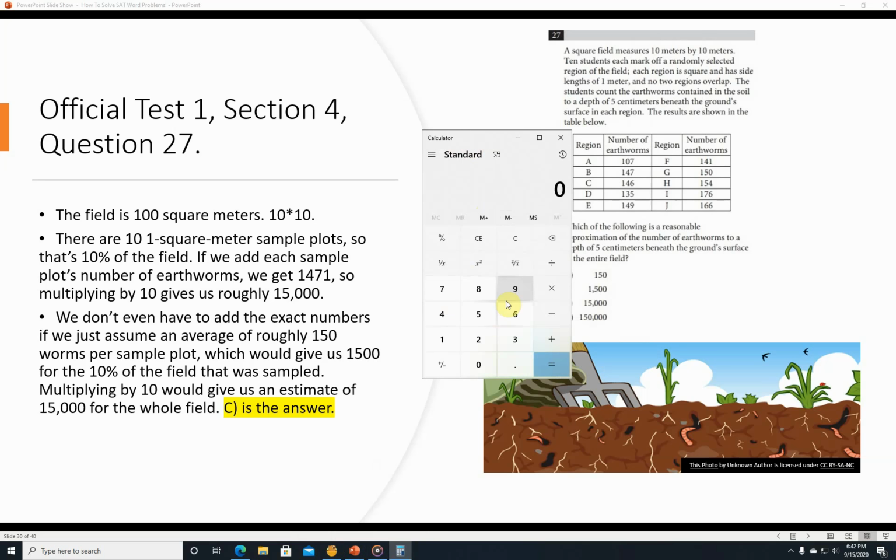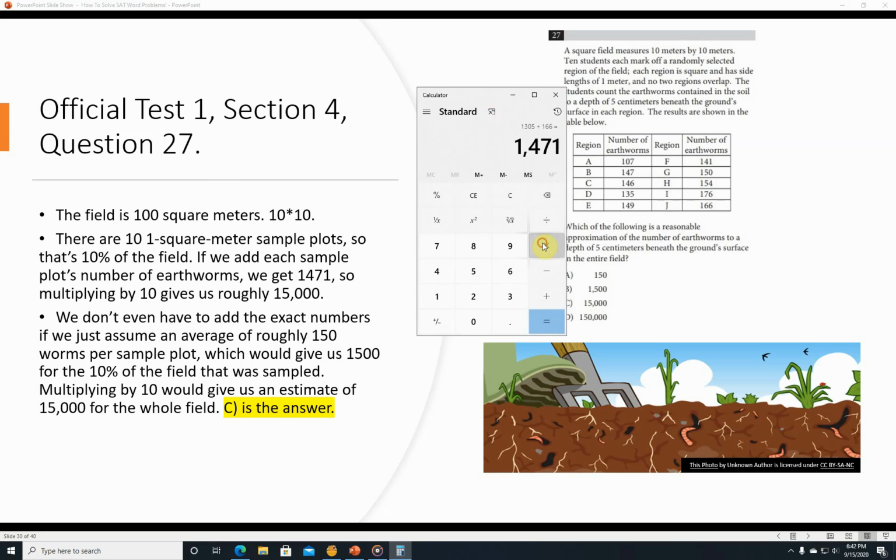So we're going to go 107 plus 147 plus 146 plus 135 plus 149 plus 141 plus 150 plus 154 plus 176 plus 166. We get 1471. And since that's 10%, we need to multiply it by 10 to get an estimate of 100% of the field, the whole field.